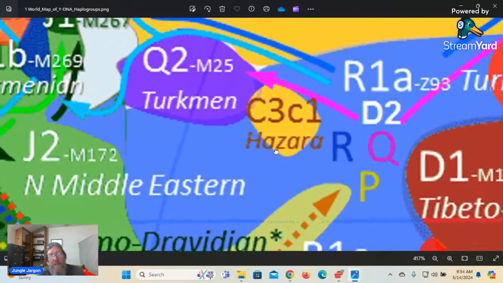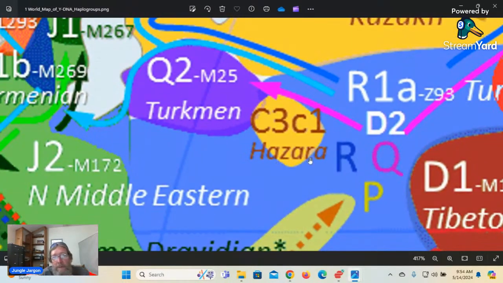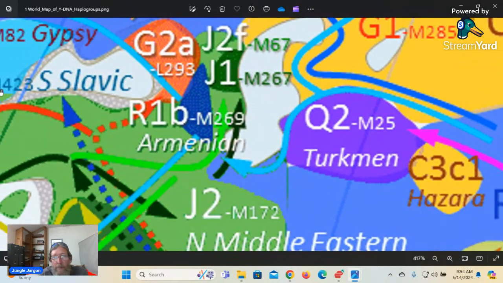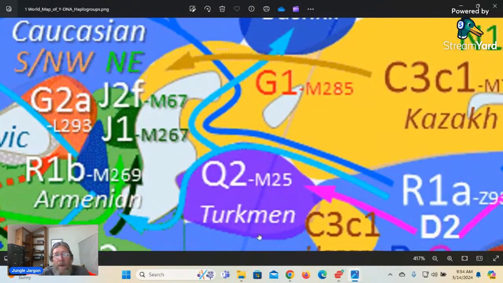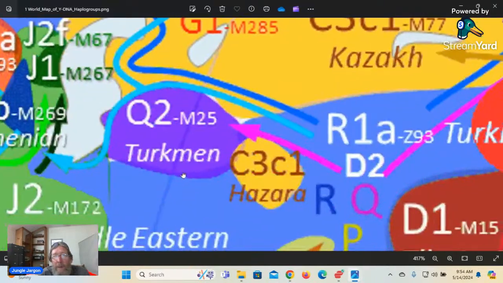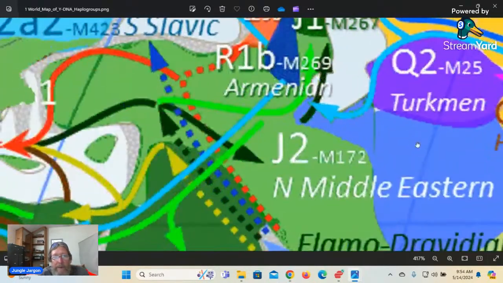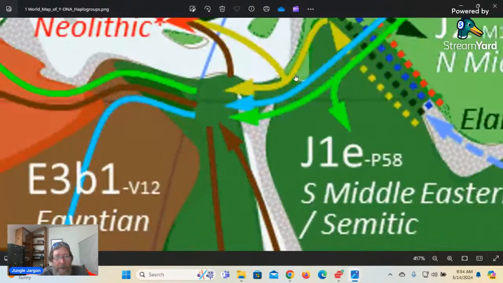But what are the chances of this C haplogroup, which is not just here, it's in Europe, it's found in Europe, especially in antiquity. And it's found all over the world except for Africa. Never went to Africa.